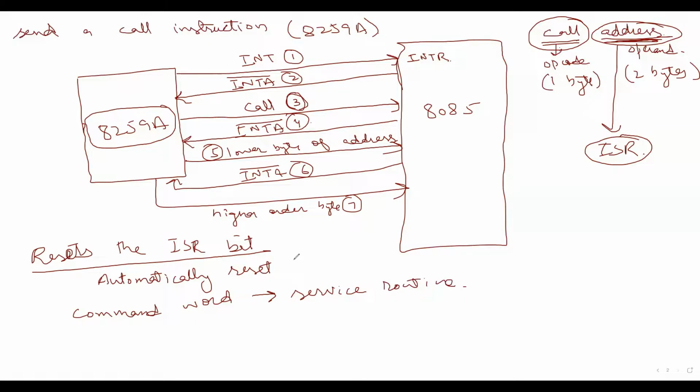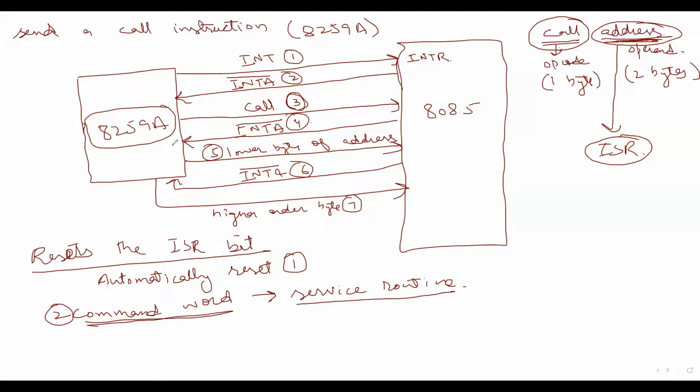So there are two options: either it will be automatically reset when my microprocessor receives this INTA, or it can be reset by a command word at the end of the service routine.